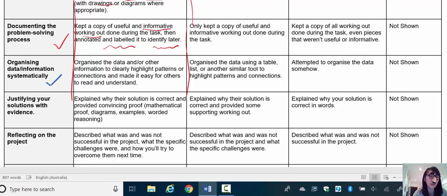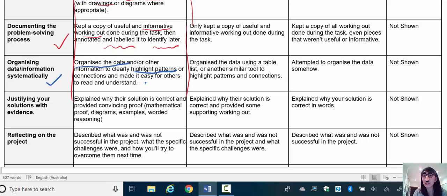How are you going to organize your data and how will you process those data, then transform them into information? Also, you have to highlight whether any pattern or connections have been made.